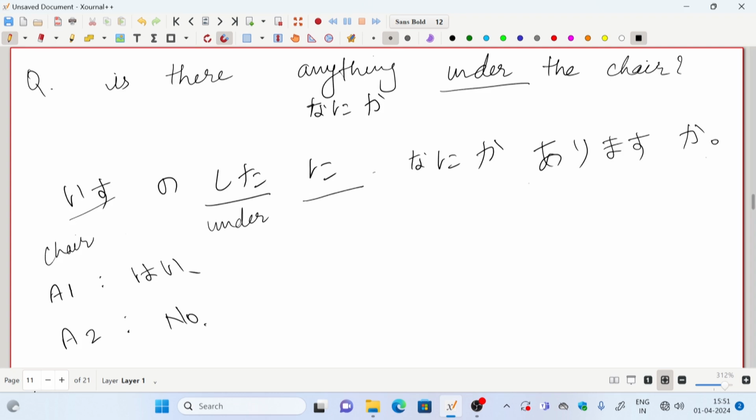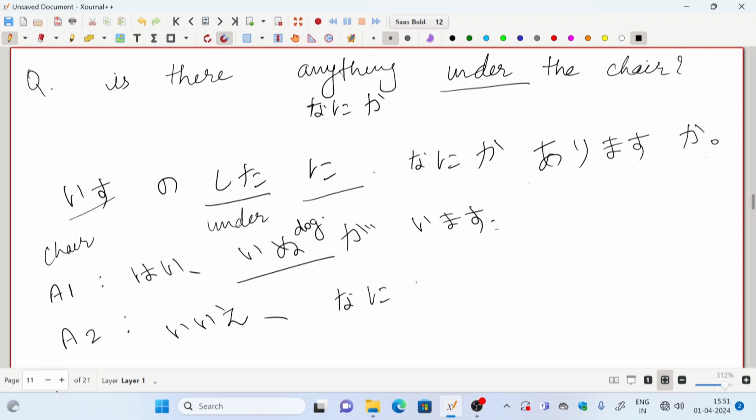Hai, inu ga imasu. Imasu because inu is dog. It is a living thing. Hai, inu ga imasu. Or no. No will be iie. Nothing. Nothing is called nani mo arimasen. Okay. So there is nothing.